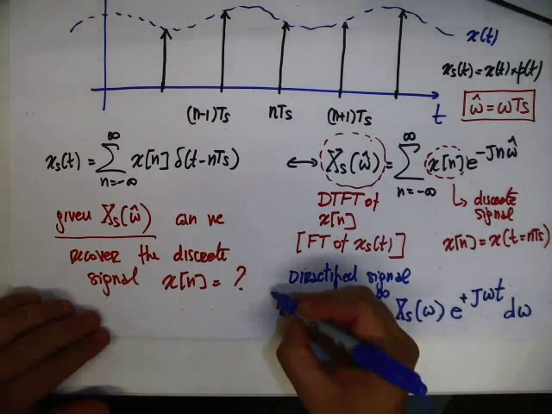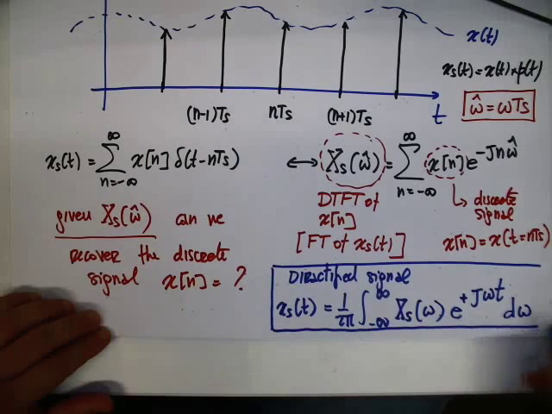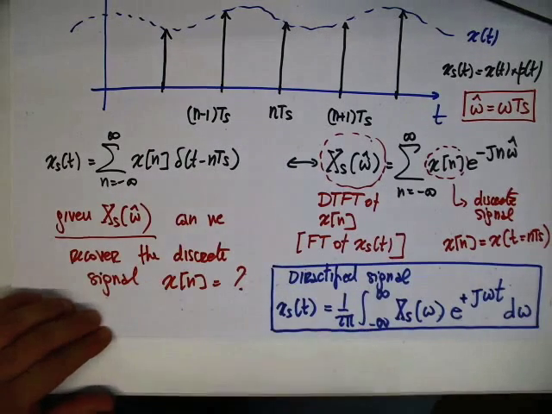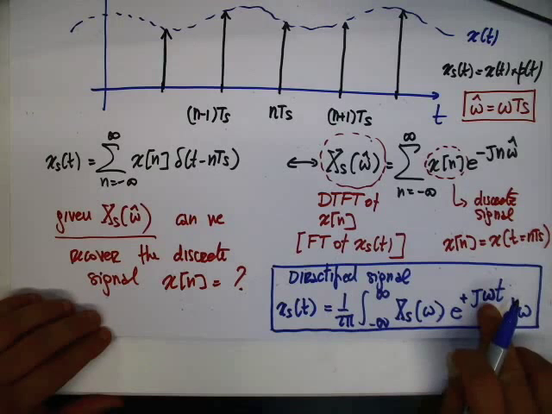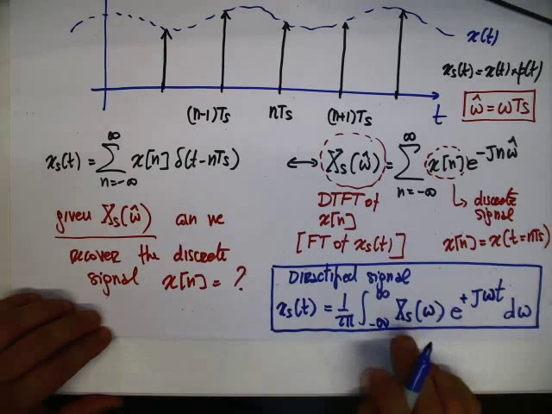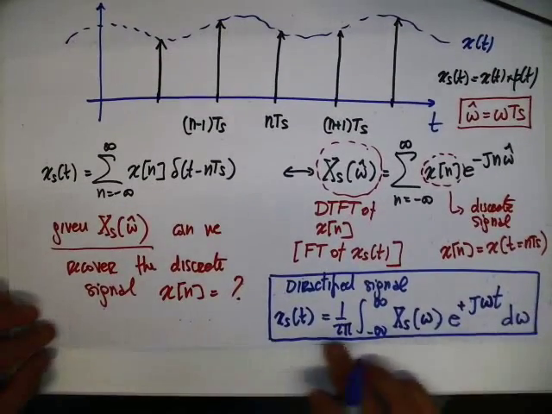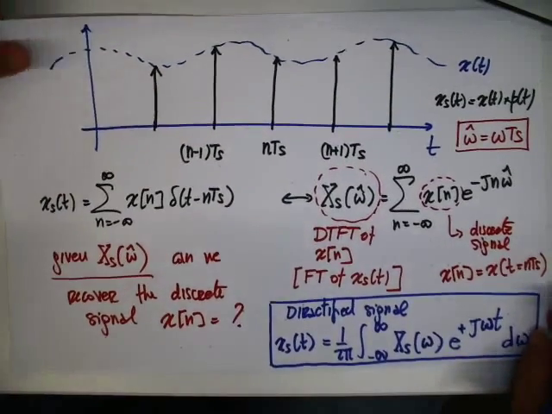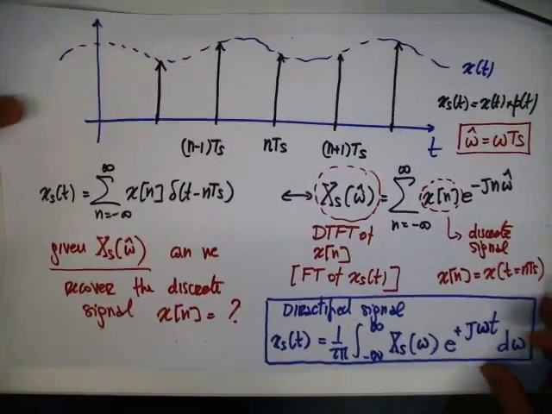Okay? So, of course, yes, we can recover this. And here you have to be careful because here I'm using the original frequency omega, and I'm integrating over the entire frequency range of the Fourier transform X_s, which, as we know, is given by multiple copies of the original spectrum. Right? So that's what we have seen, by studying the Shannon theorem.